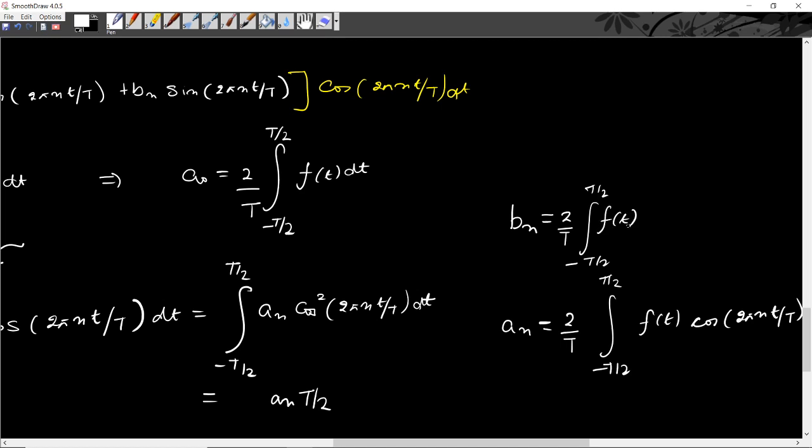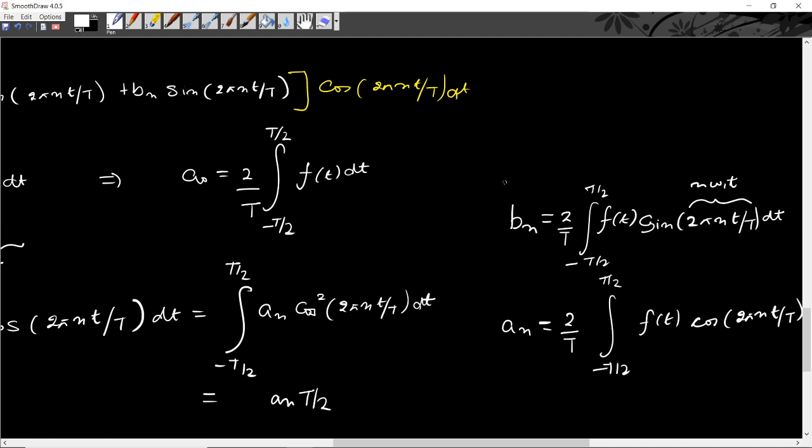So we take our original signal or the periodic function over one time period, and we multiply it with the particular sine function with frequency n times the fundamental frequency. So this whole thing over here, that is the argument of the sine function, is also actually n times omega 1 times t, where omega 1 is my fundamental frequency.